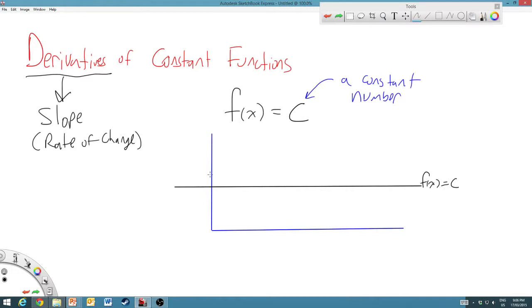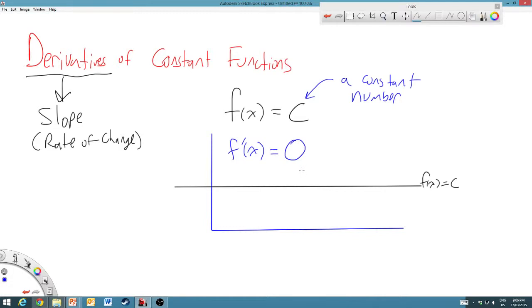So the derivative of a constant function, we'll call that f prime of x, is the slope of a horizontal line. The slope of a horizontal line is 0. So the derivative of a horizontal line is just 0.